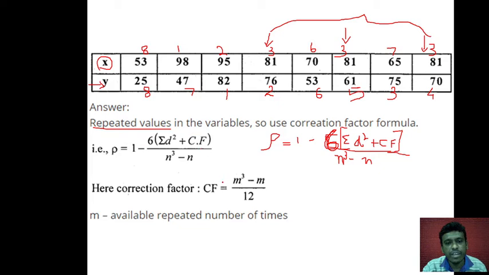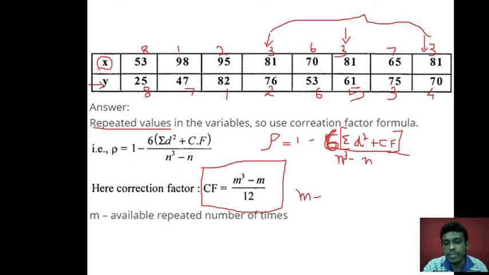CF is equal to m cube minus m, where m is the number of places where a tie has existed. How many places is the tie existing? The tie is existing at rank number 3. We don't want to know which rank it is; we want to know how many people are tied. 3 people are tied. That is why m is equal to 3.